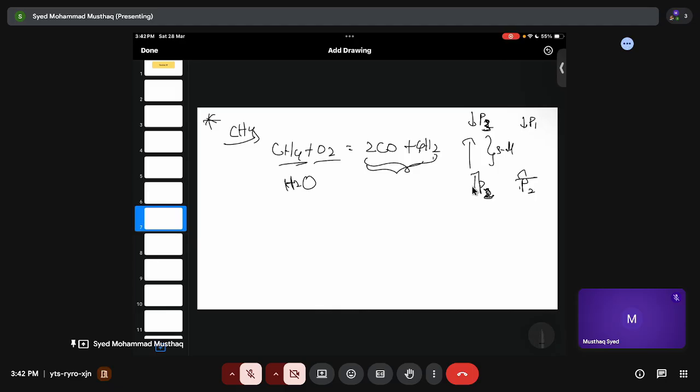If you inject steam, it will give you carbon monoxide and hydrogen, but it decreases the temperature because it is highly endothermic. And we need to preheat your gas, because if you do not preheat it, a lot of energy will be wasted only on converting the temperature of your gas, which is not efficient.